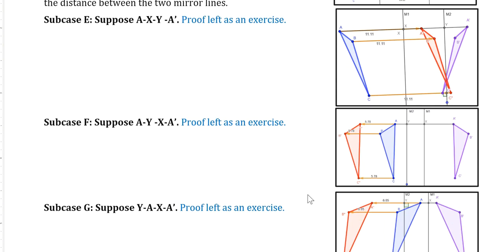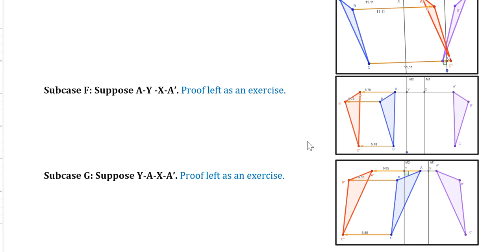All right, so similarly, I'm going to leave the last two cases as exercises for you to work out the details, but look at the pictures here. Use these to help you out. This one says we've got A, then Y, then X, then A prime. So here we want to show that the distance from A to A double prime, this distance right here, has to be twice the distance here. So think about what you know.